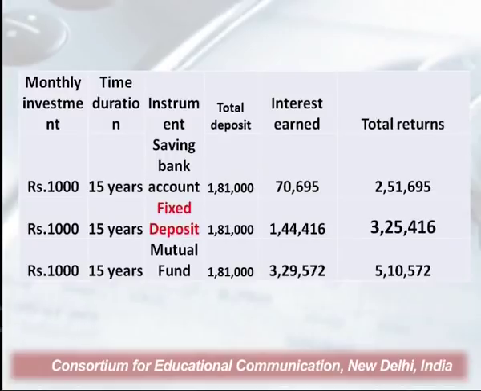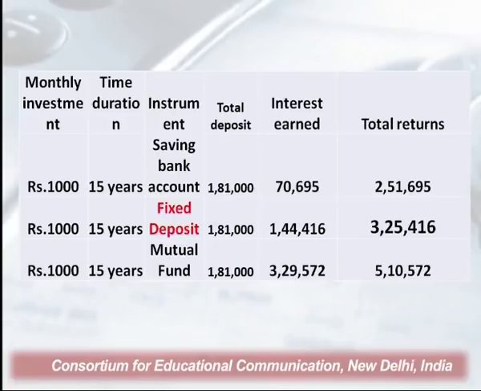I would just talk about here in this table how much returns you can get if you are investing 1,000 rupees. Let's say you have an initial investment of 1,000 rupees, and every month you are ready to spare and save and invest 1,000 rupees per month for, let's say, the next 15 years.